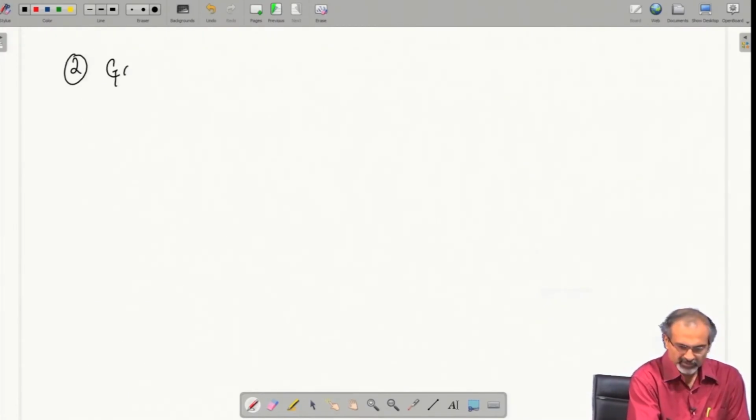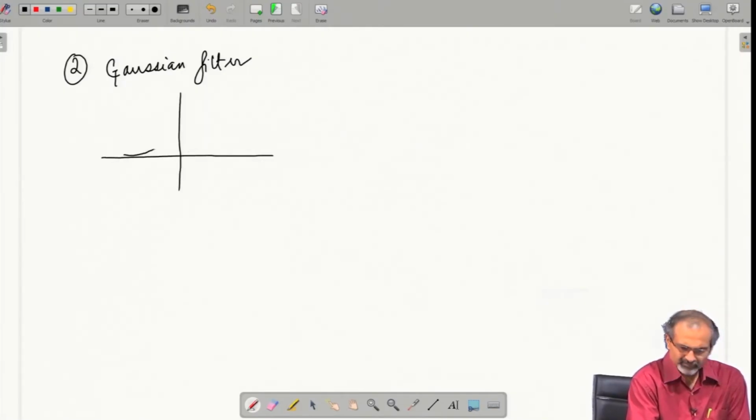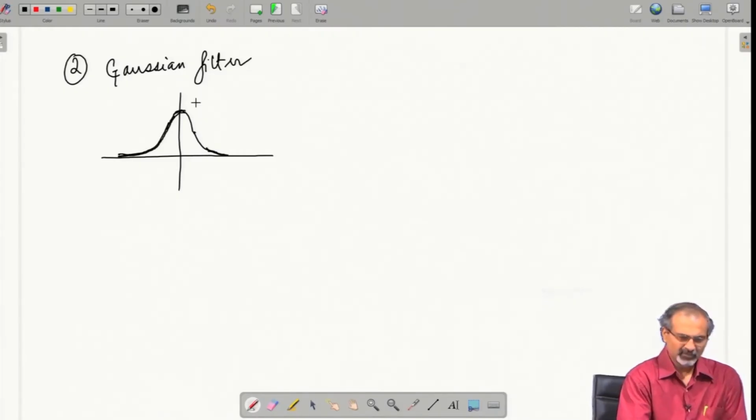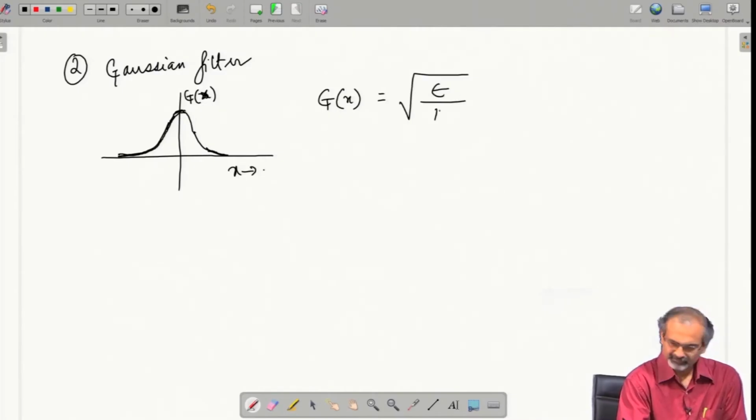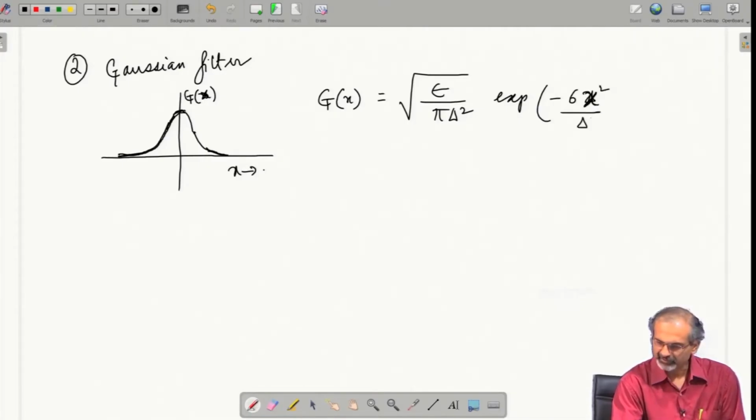There could be a more smooth filter like a Gaussian filter, which looks more like this. It should be 6x square by delta square.